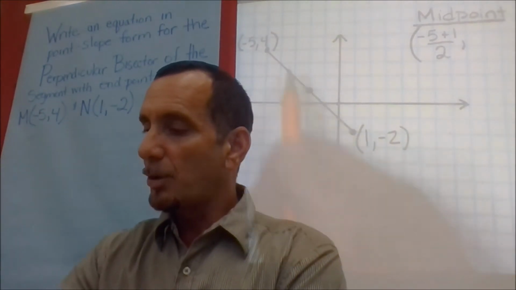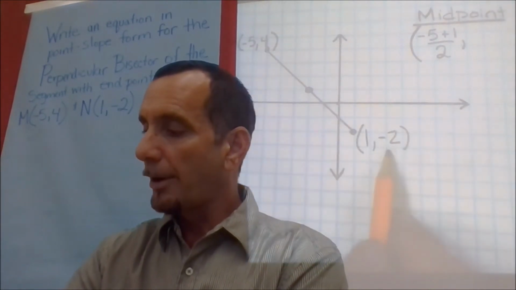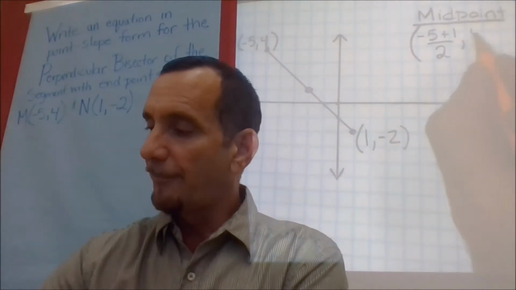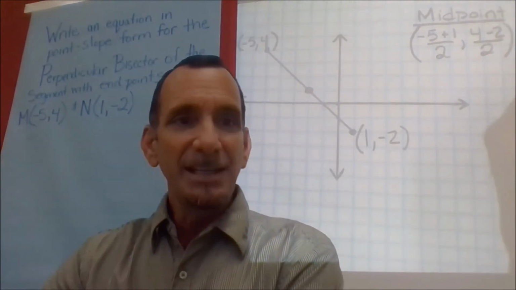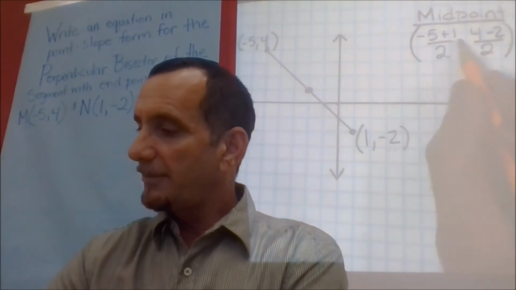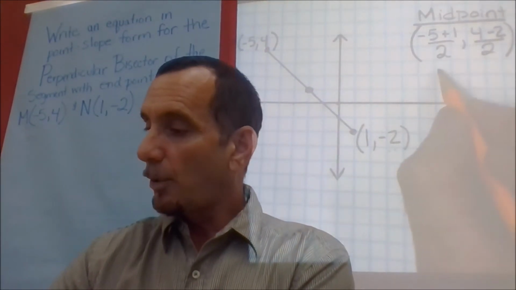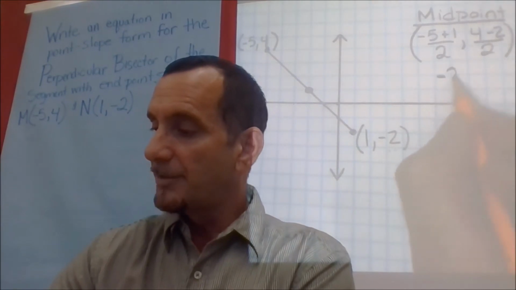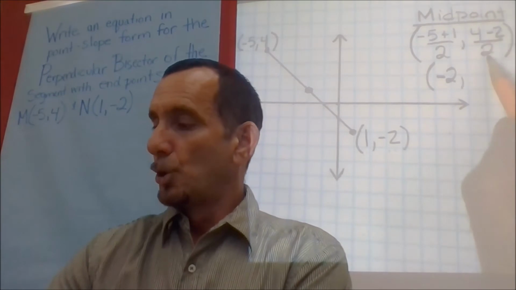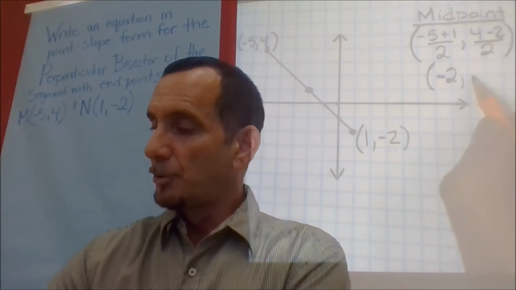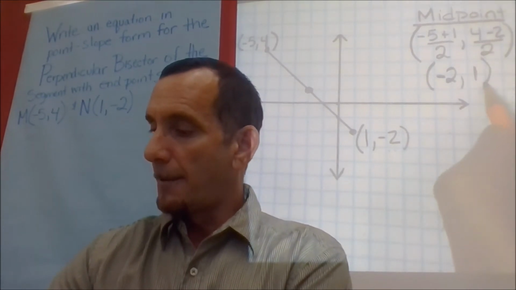And the y coordinate of my midpoint is 4 plus -2, or 4 minus 2, over 2. And I can easily get that midpoint. -5 plus 1 is -4 over 2, which is -2. And 4 minus 2 is 2 over 2, which is 1.